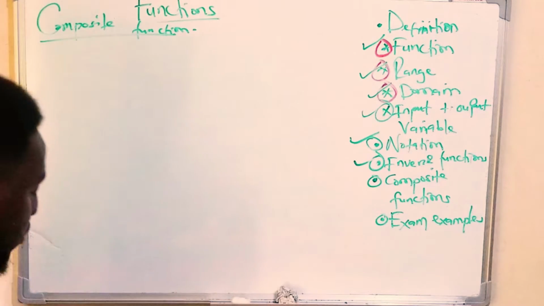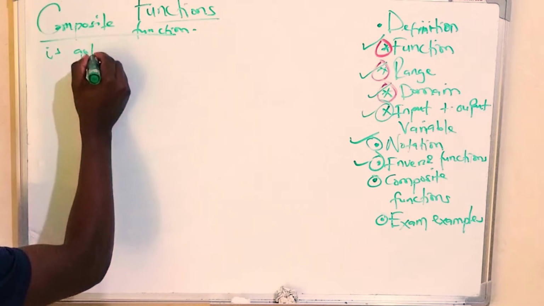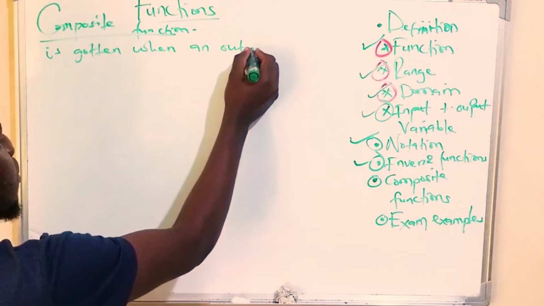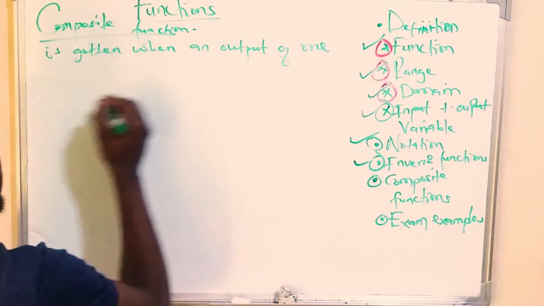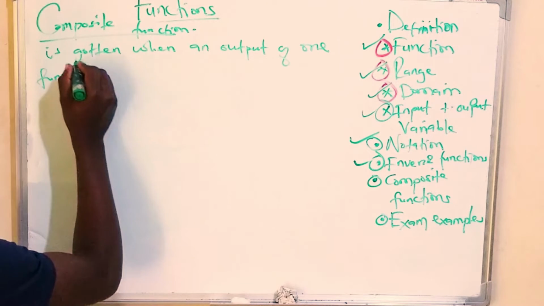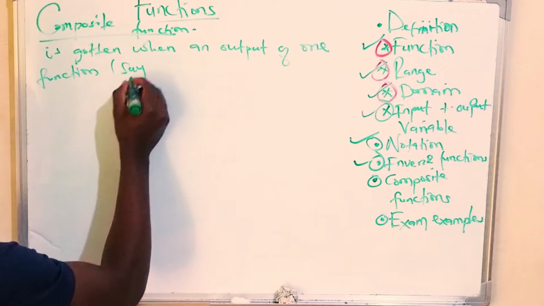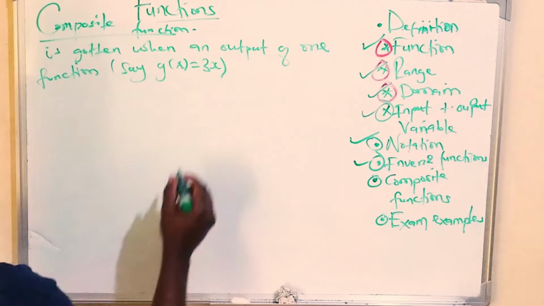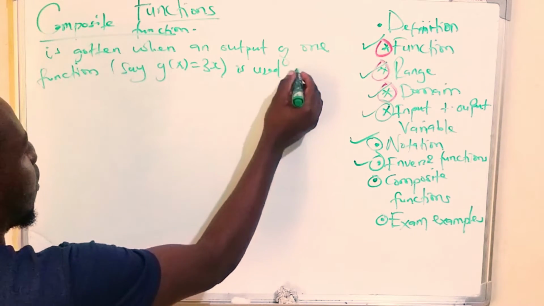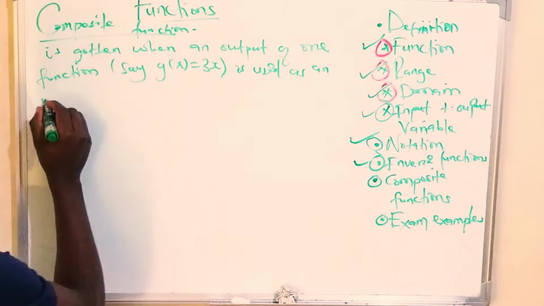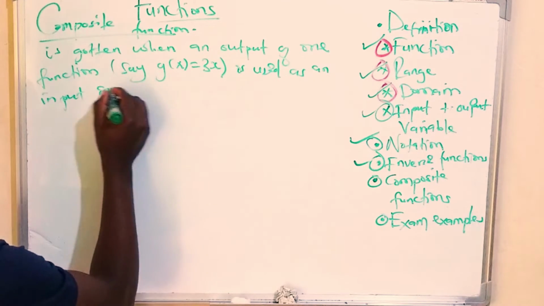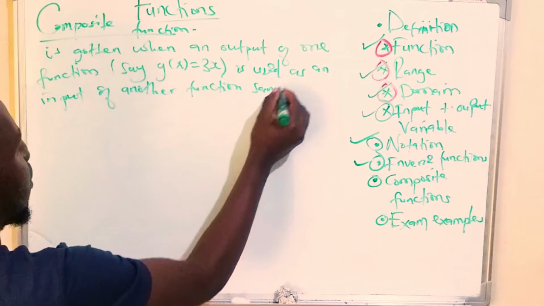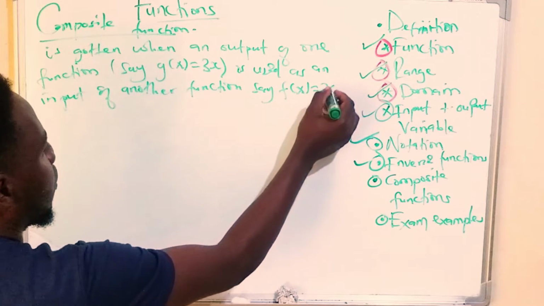A composite function is gotten when an output of one function, say g of x is equal to 3x, is used as an input of another function, say f of x is equal to 2x.